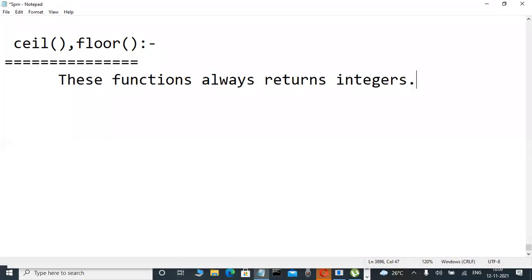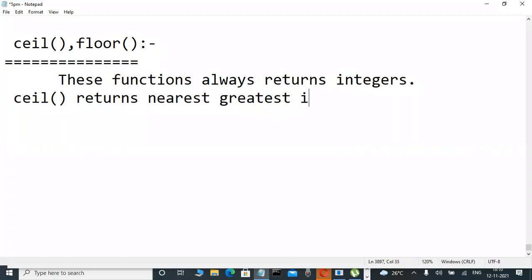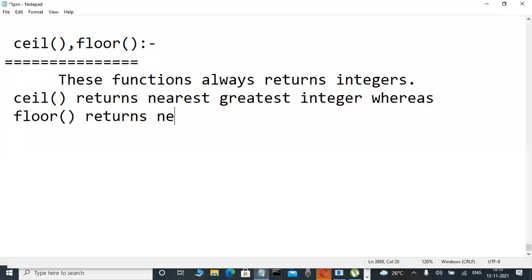The CEIL function returns the nearest greatest integer, whereas FLOOR returns the nearest lowest integer.